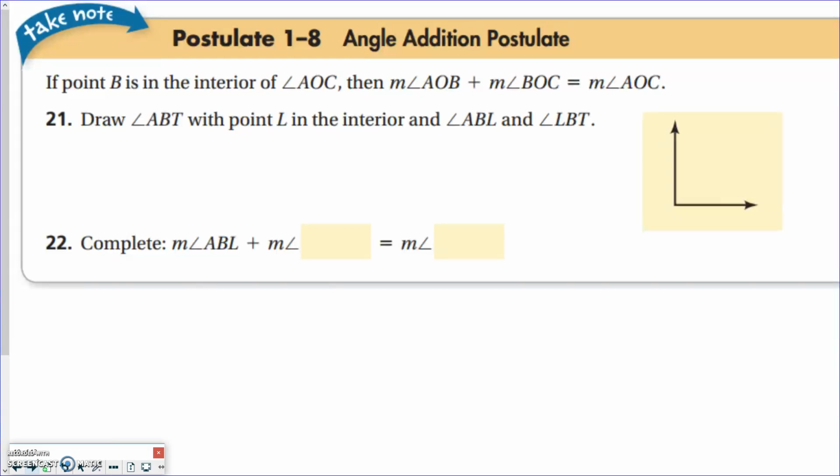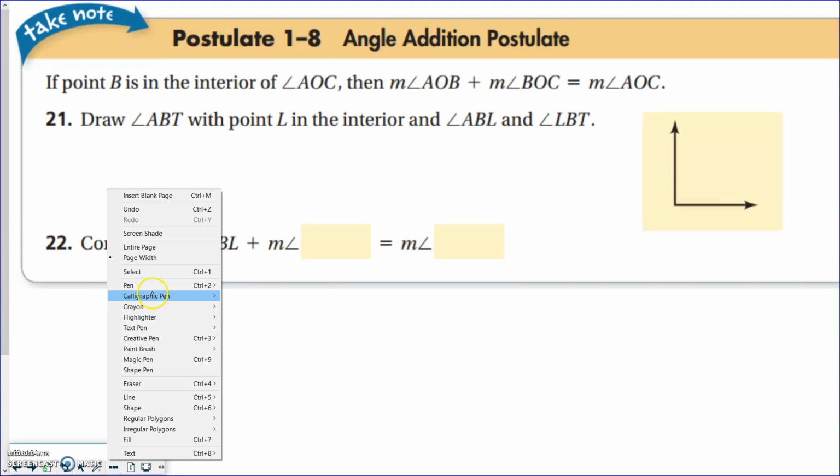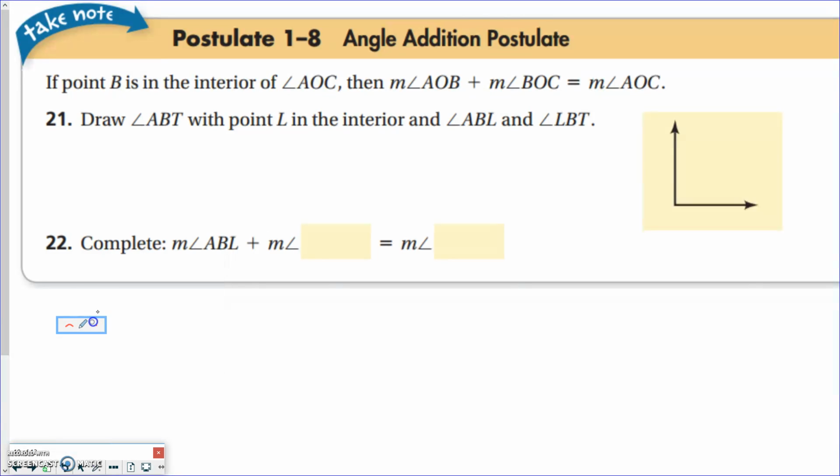If B is in the interior of angle AOC, then the measure of angle AOB plus the measure of angle BOC equals the measure of angle AOC. First I'm going to create this angle AOC. B is in the interior, so B has to be in between my two rays at any point.